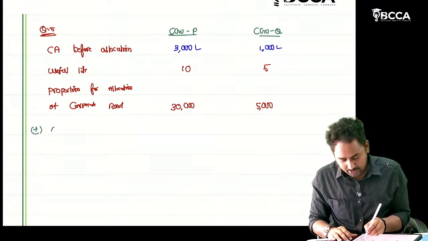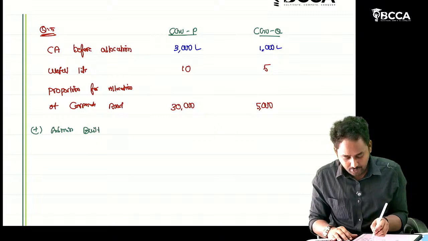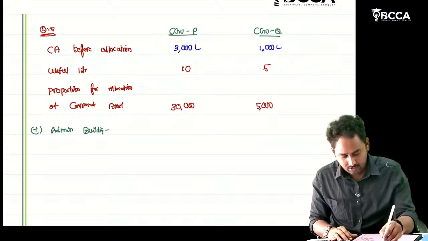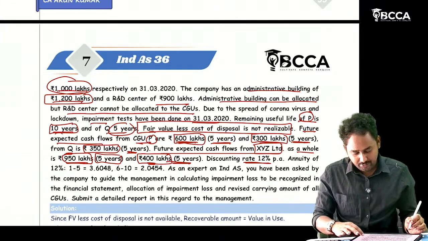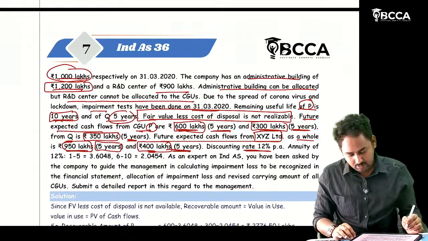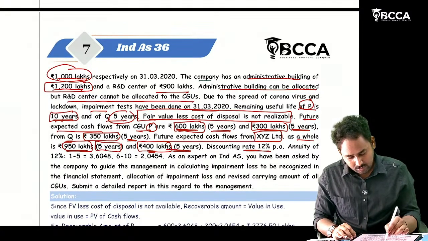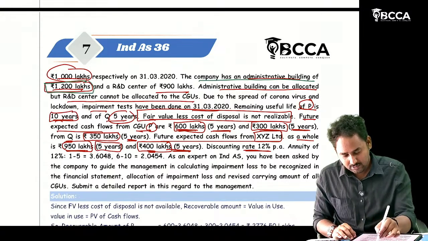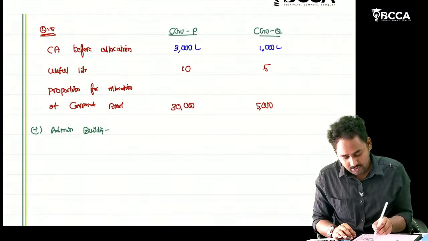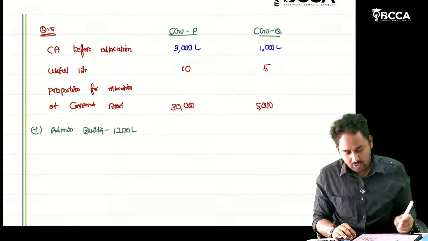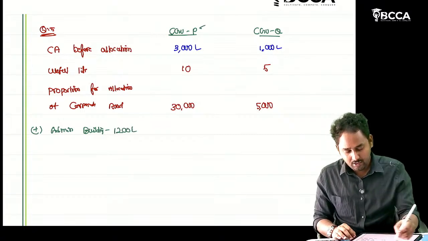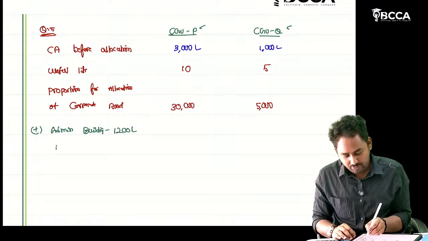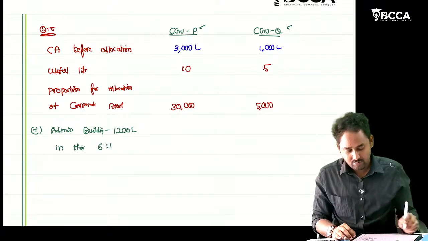Then I should allocate the admin building. What is the carrying amount of the administrative building? The company has an administrative building of 1200 lakhs. This 1200 lakhs should be allocated to P and Q in the ratio of 6:1.